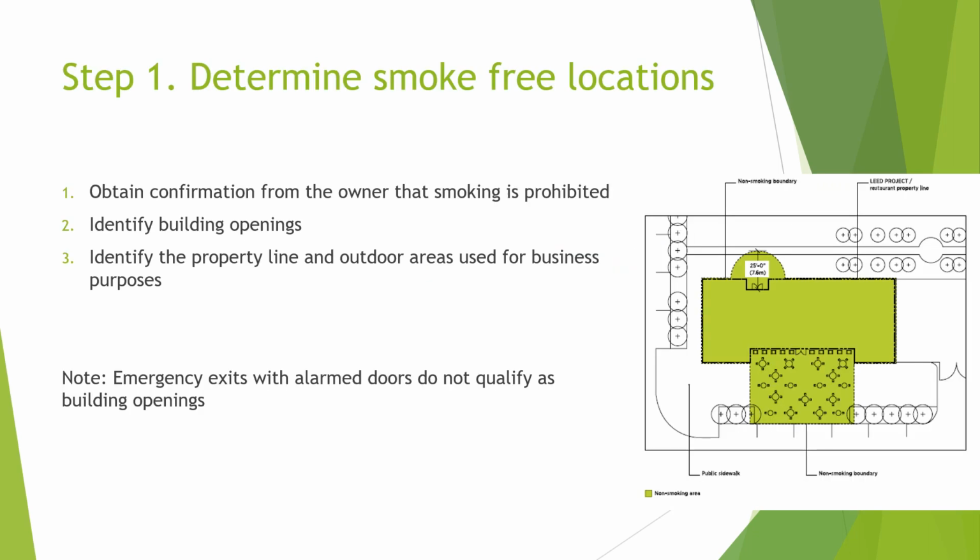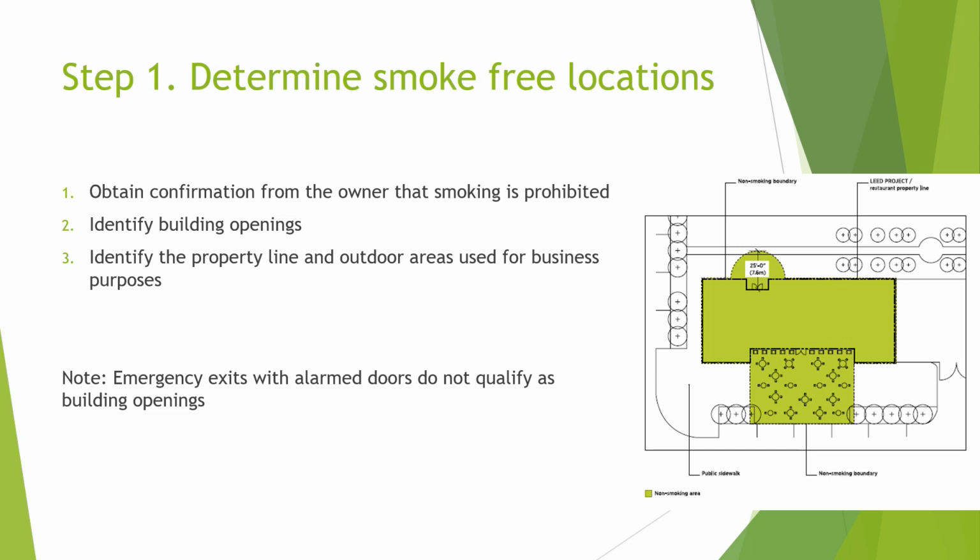Step 1. In order to determine the smoke-free locations, you must first obtain confirmation from the owner that smoking is prohibited inside the building. Residential projects may allow smoking in specific units with specific requirements, as was covered on the previous slides.